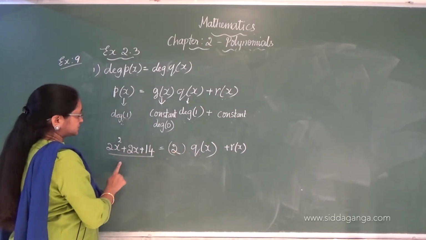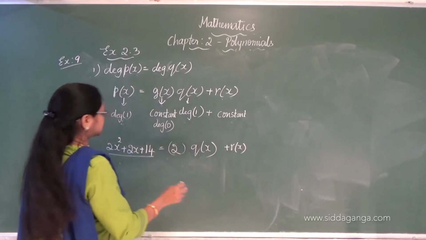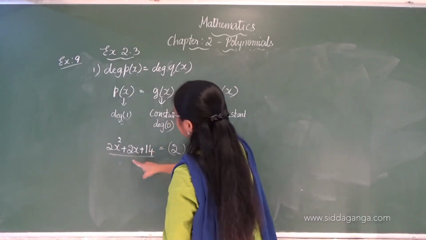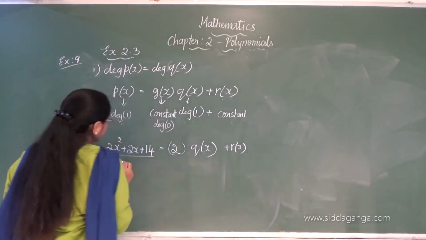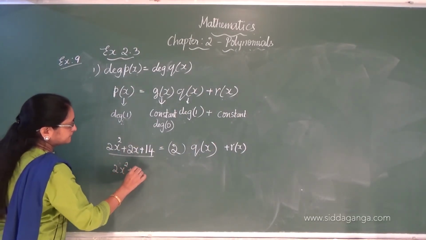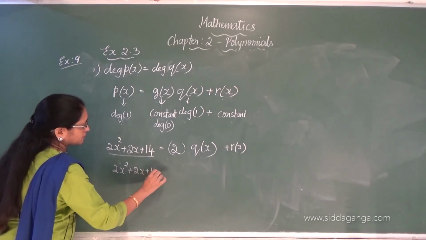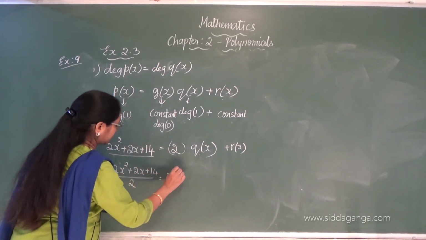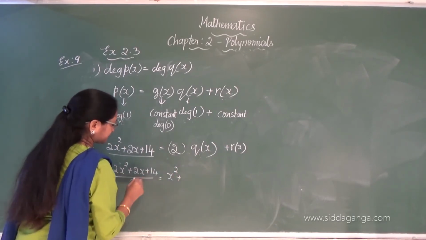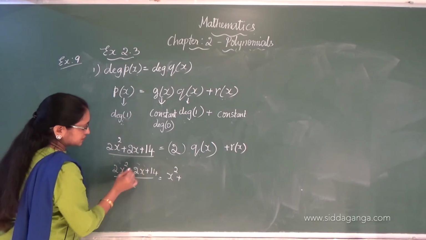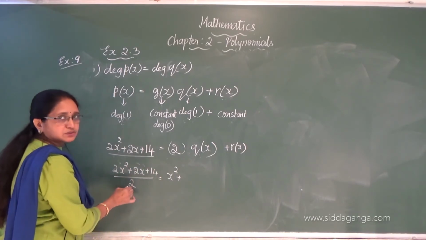See, I will divide this. Now this is easy to divide. So when you divide each term by 2, by the constant, then you will get x square plus, see, each term means you have to divide this term by 2, again this term by 2, this term by 2.